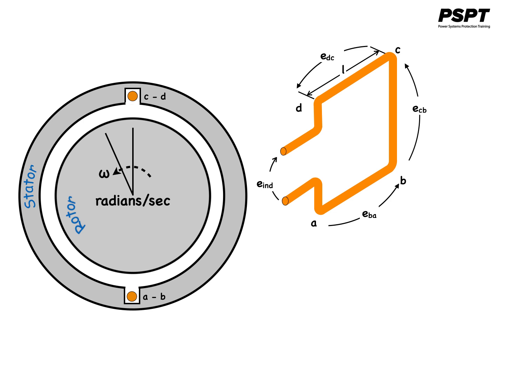In this case, the wire is stationary and the magnetic field is moving. However, the relative velocity between the stator coil and the magnetic field or magnetic flux density is the same.